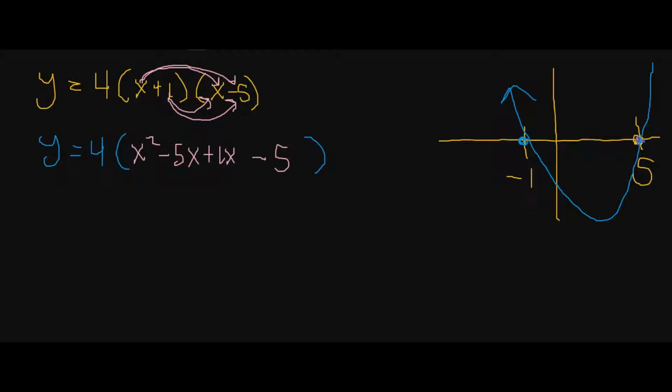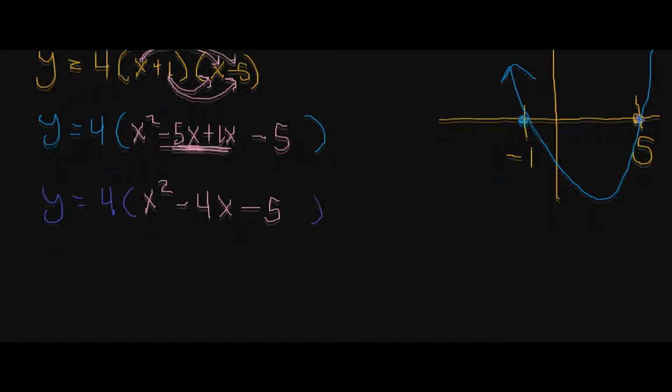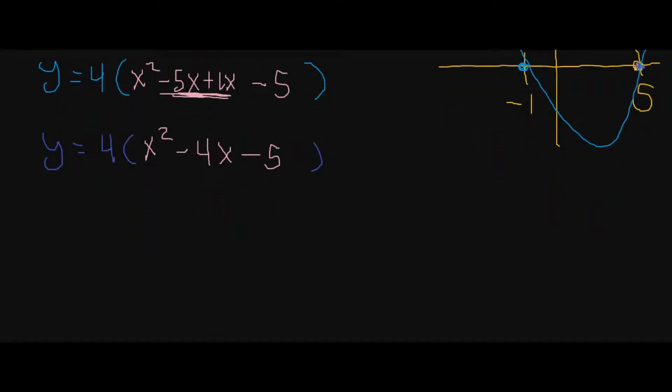Okay? So here I'm going to get y is equal to 4 parentheses x squared. Well, the negative 5x plus 1x, that's going to give me negative 4x, and then minus 5. All right. Now all we do is we go ahead and distribute the 4 across.